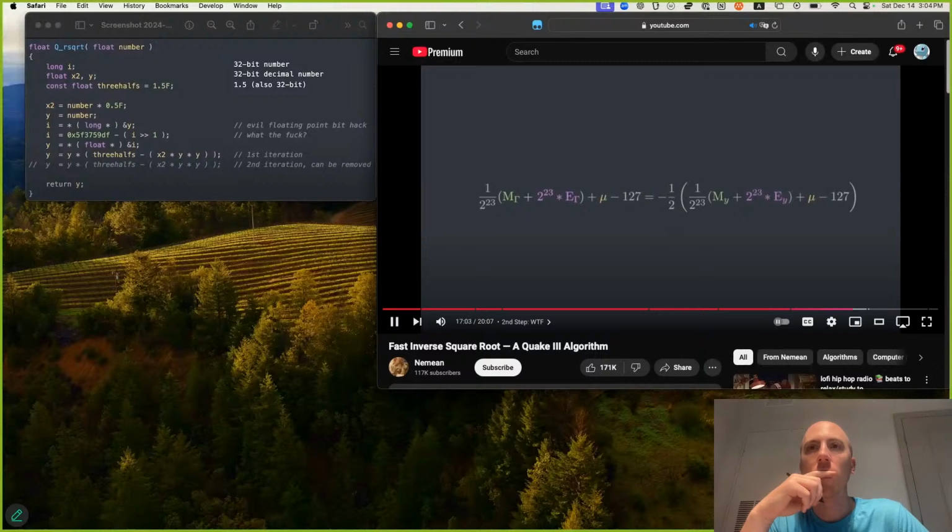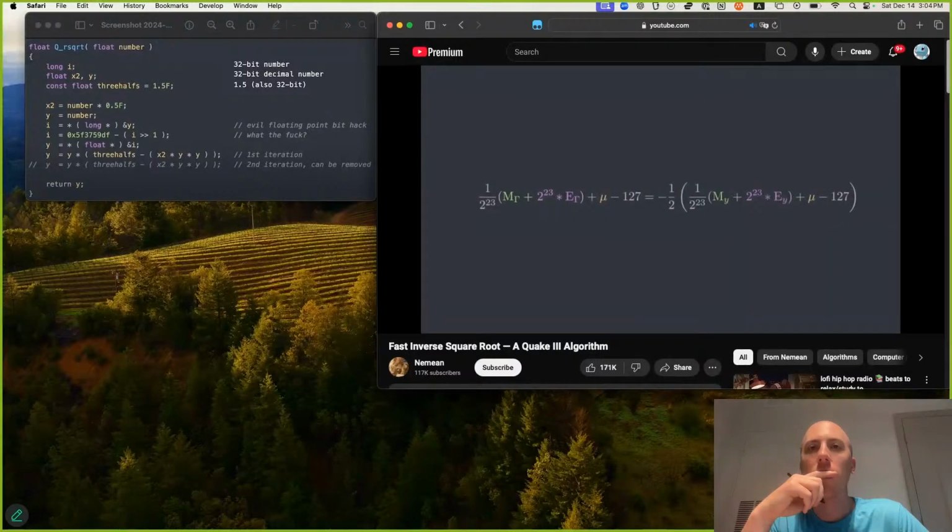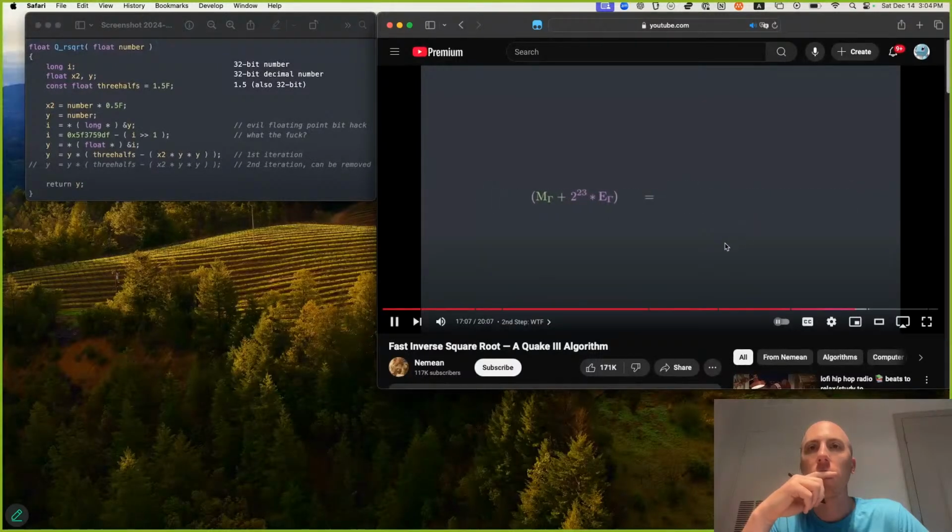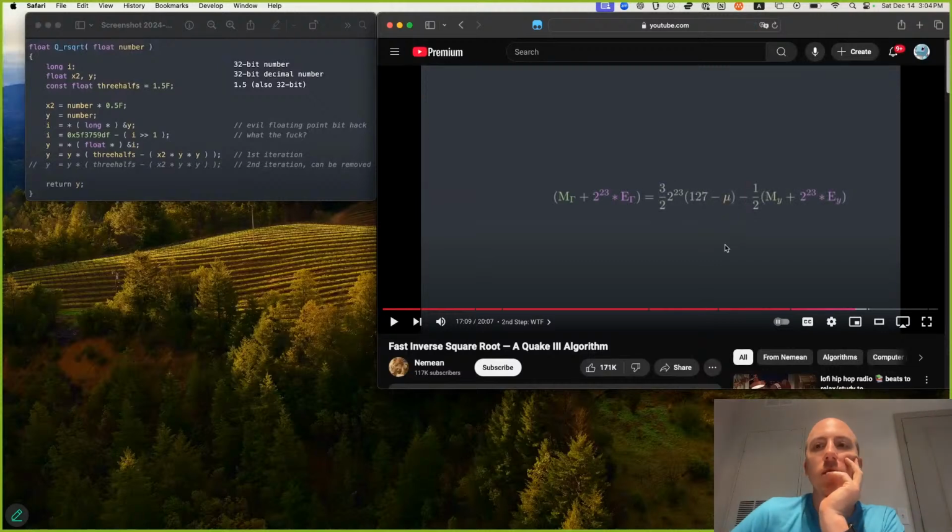And then we just solve for the bits of gamma. I'll spare us the details, but this is the result.